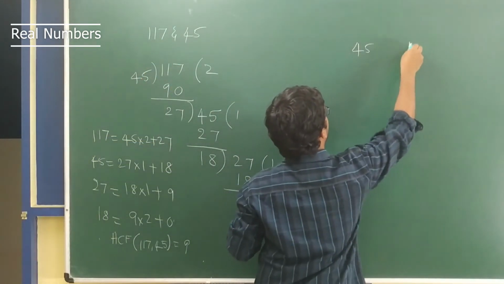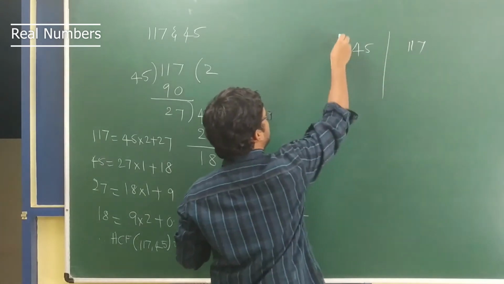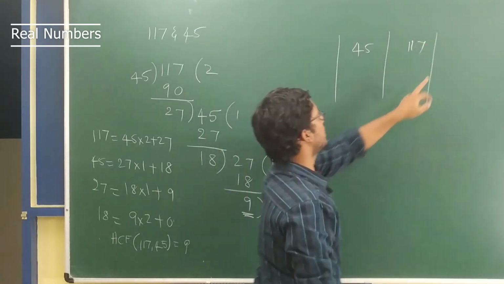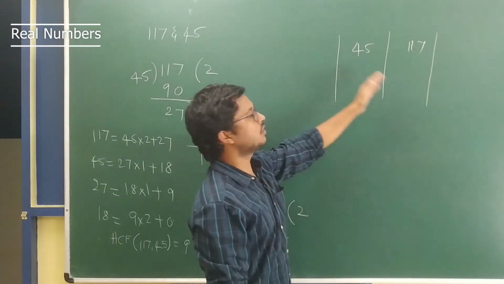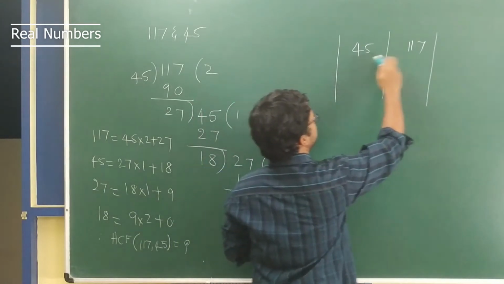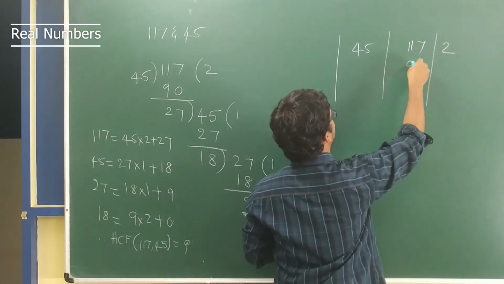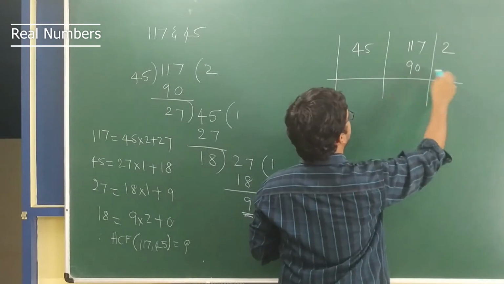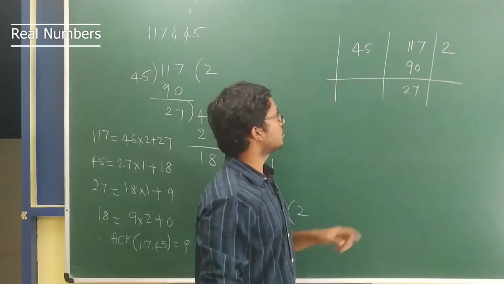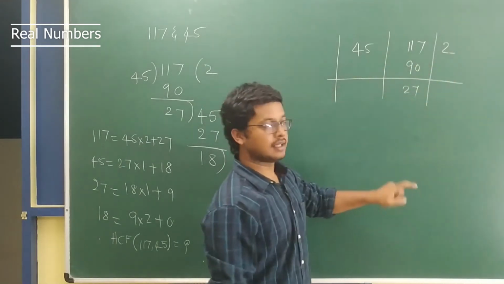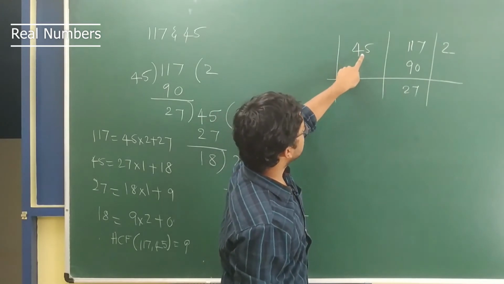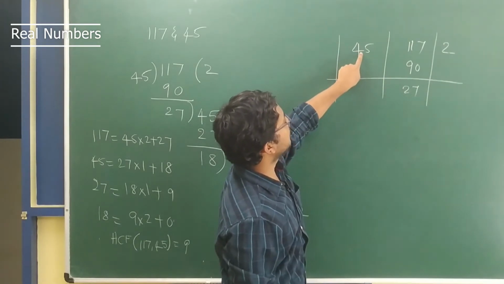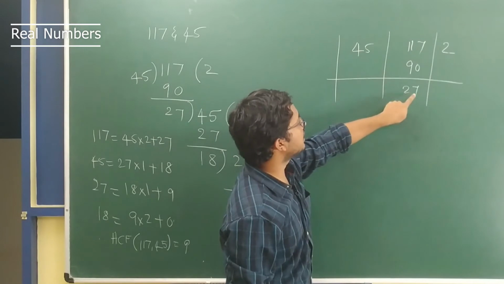So 45 and 117. You make 3 columns: the quotient you write here, and the remainder, and you go on dividing. So 45 2s are 90 and the remainder is 27. You write the quotient here and the remainder here. Now, since the remainder is not 0, you express 45 in terms of 27.